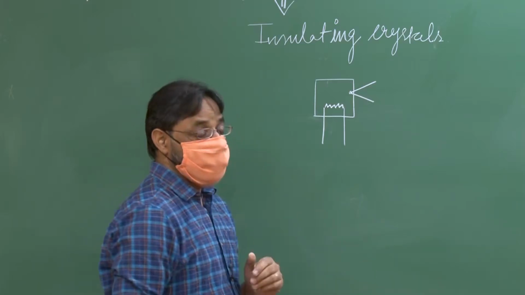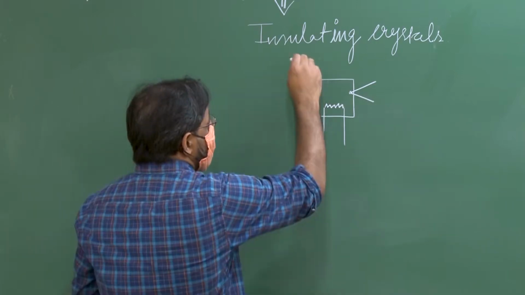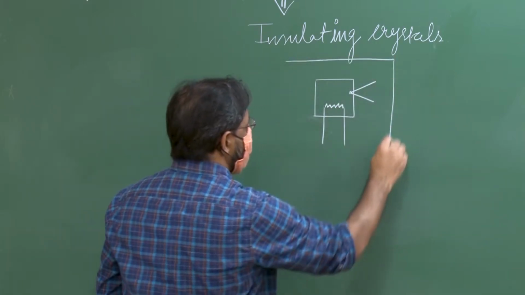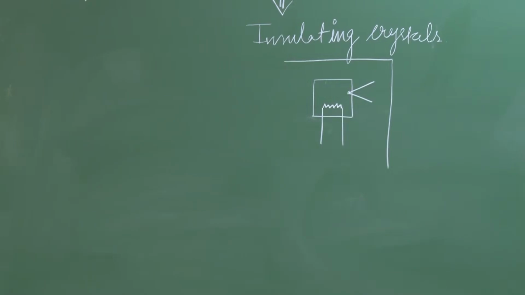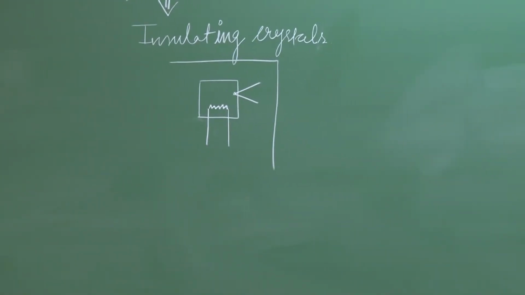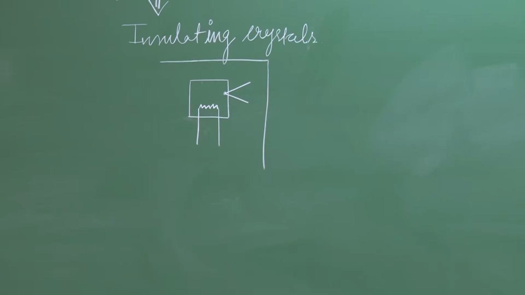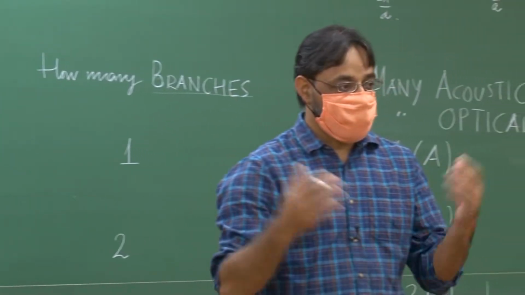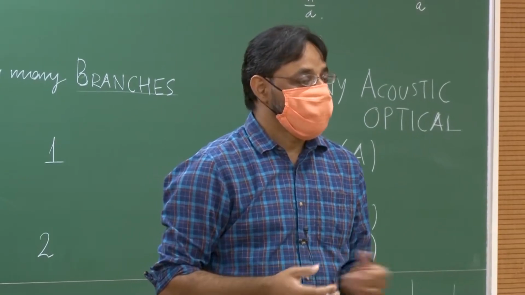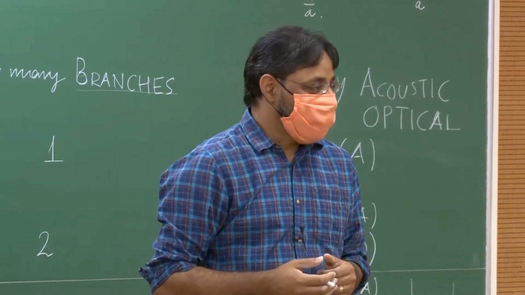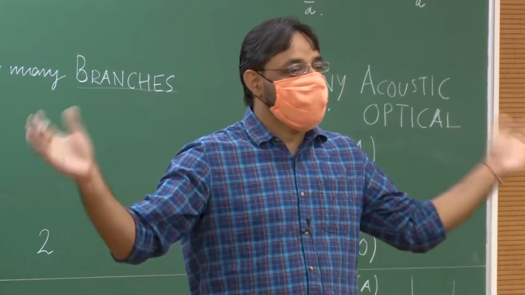But the other thing that you have to take care of, which is very important, is that you have to insulate it. This heat that you are providing to the sample should go only to the sample and should only be used up in increasing its temperature, because if part of this heat is lost, then you are making an error in the experimental determination of the specific heat, because you would say, I have given an amount delta Q, the temperature has risen by an amount delta T, so therefore the specific heat should be delta Q by delta T, but you are forgetting that half of the delta Q that you gave was lost to the atmosphere.